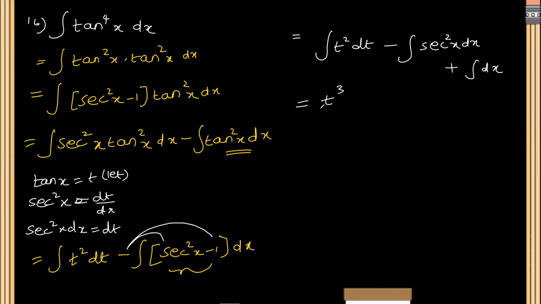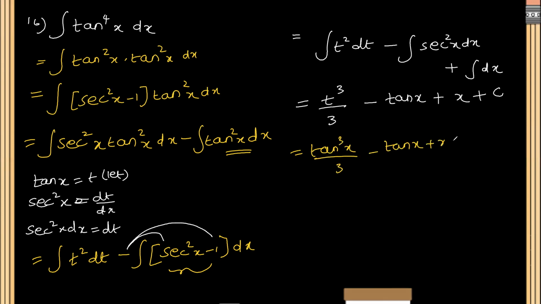Integration of t square is t cube by 3, minus integration of secant square x is tan x, plus integration of dx is x, plus c. Replacing t in terms of x, that will be tan cube x by 3 minus tan x plus x plus c is the final answer.